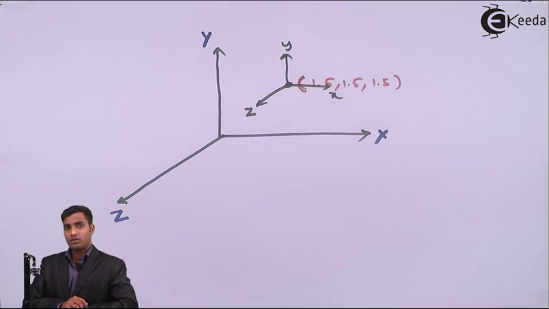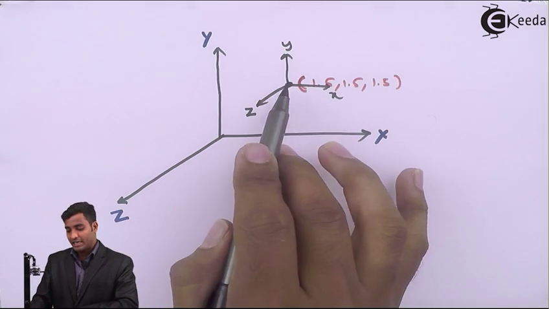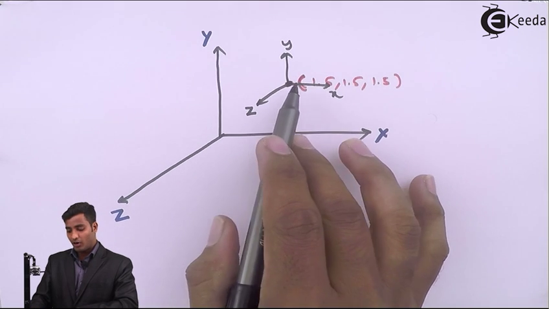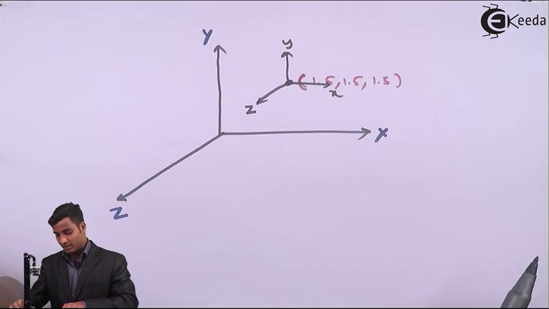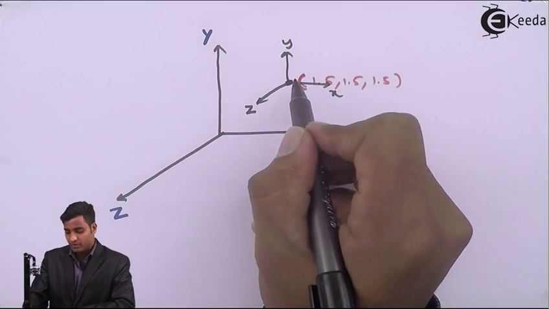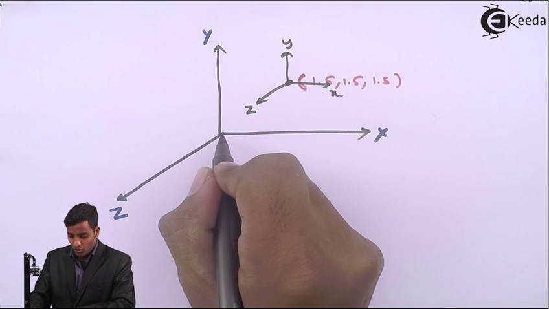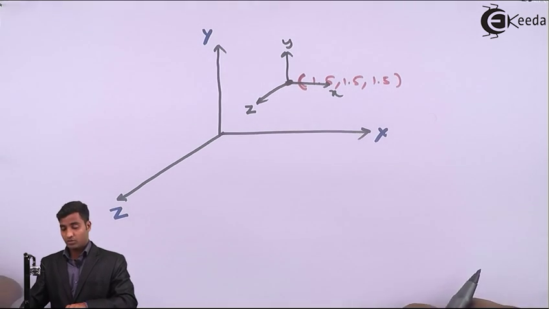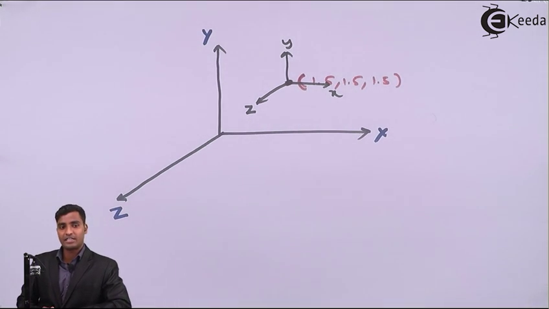Since we know rotation is to be done with respect to the origin, unless and until the point is on the origin, or is brought to the origin, we can't perform the rotation transformation. So for that we have to bring this point to the origin, and for that we will do a translation transformation.